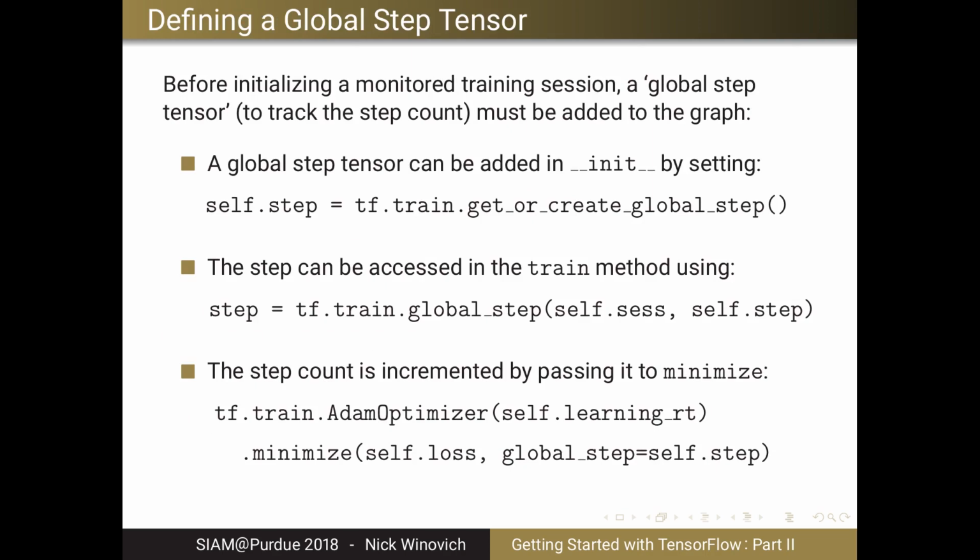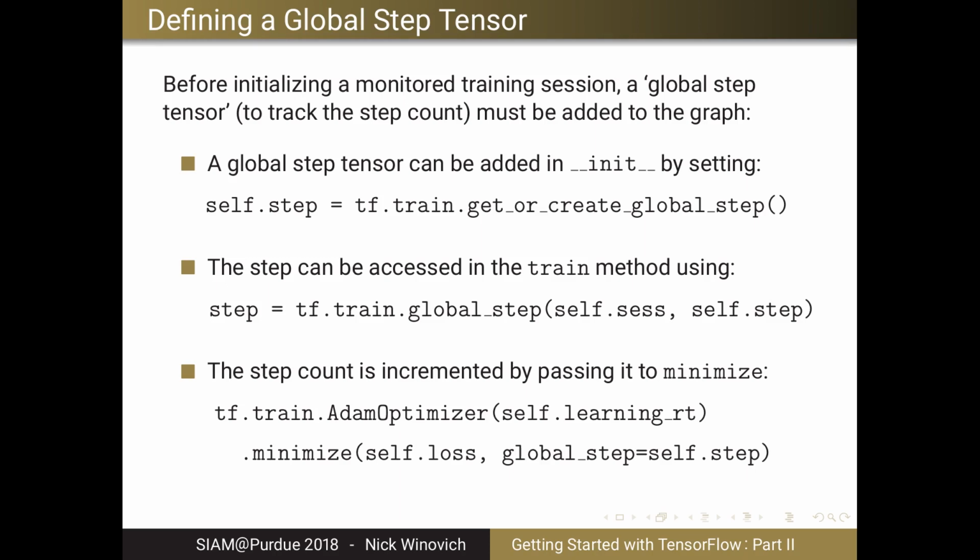In these monitored sessions, one additional aspect of the graph that you need to create is a global step tensor. Instead of manually saying, okay, step starts at 0, and then step is add 1 every time I loop, we're going to define a tensor in the graph. And this is actually dual purpose, and there are some reasons why you would want to do this anyway.